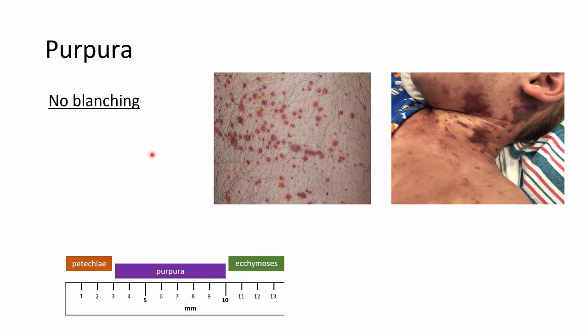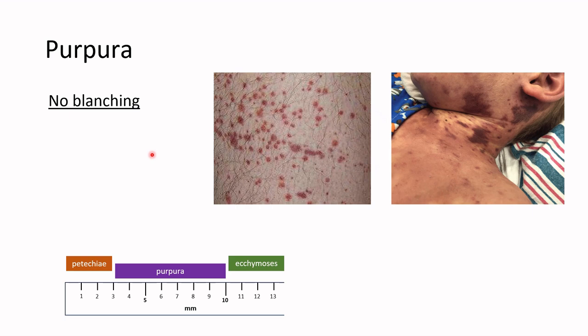And why is that? Why does the redness go away for certain other types of rashes? This is because there the rash is essentially just caused by increased blood flow into this area, so a widening of blood vessels, and then you can press on it and you will press the blood away, and therefore the redness goes away.